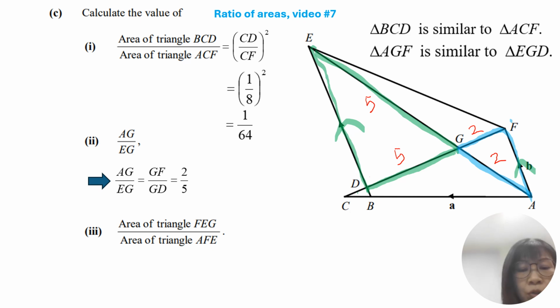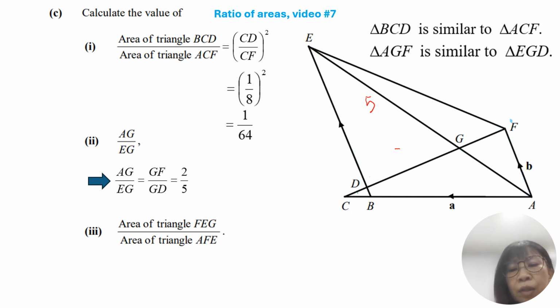Now let's move on to the last part of the question, which requires you to find the ratio of the area of triangle FEG to triangle AFE. To do that, you must be able to identify the relationship between the two triangles.